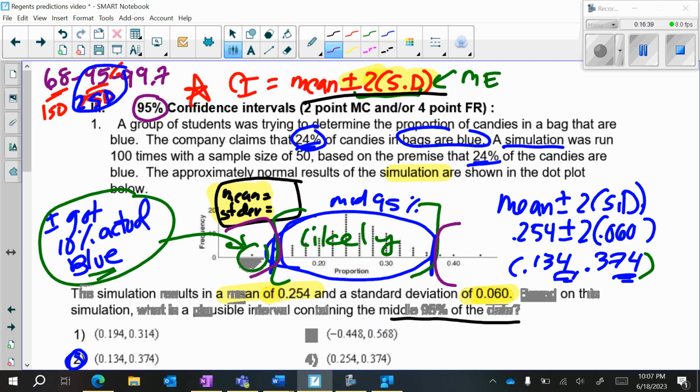It lies in the outer 5%, which is the lower 2.5% and the upper 2.5%. If it lies outside the interval, it's rare that your findings happen by chance. And if it happened, it may actually contradict what the company says, which is sometimes what they ask you. Right now, what you need to know is this: if 10% is not in the interval, it is unlikely to happen, and it actually contradicts the advertisement that they made.